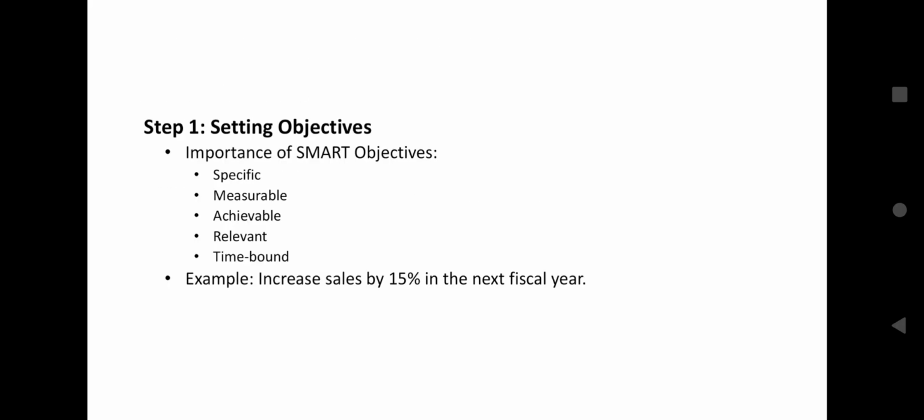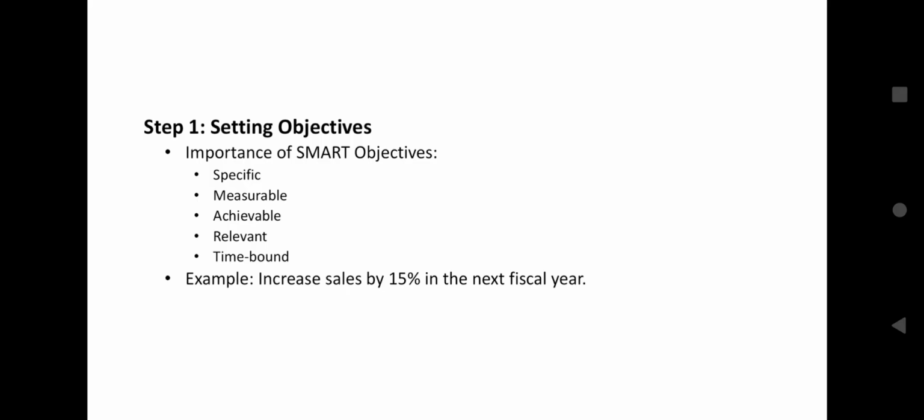Okay, here you see setting objectives, the importance of SMART objectives. Nowadays we are going for SMART things: specific, measurable, achievable, relevant, time-bound. You have to think smart. What does SMART mean?